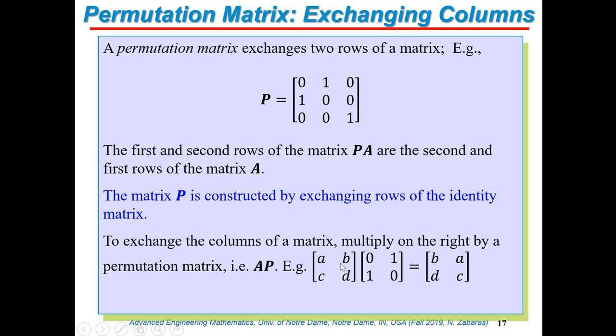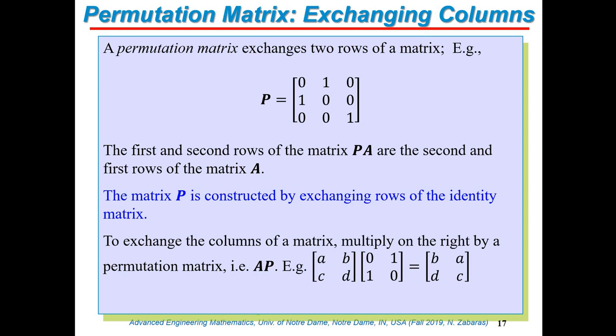For example, when you multiply this matrix with the column vector 0, 1, if you remember, a matrix times a column vector is a combination of the columns of the original matrix. In this case, it says take 0 of the first column and 1 of the second column. So the first resulting column will be the second column of the original matrix, and the second resulting column will be the first column of the original matrix.